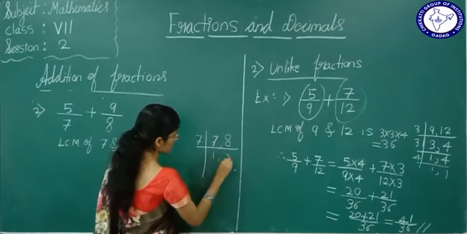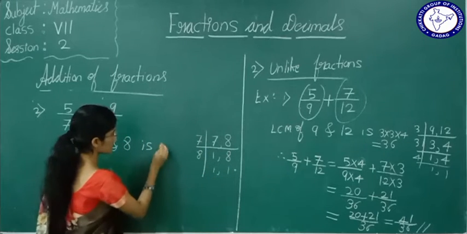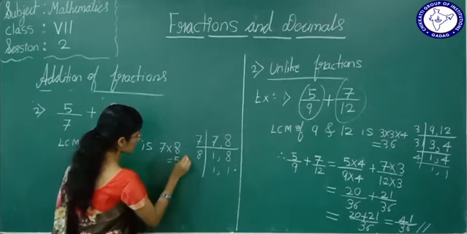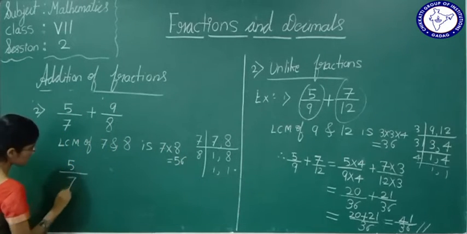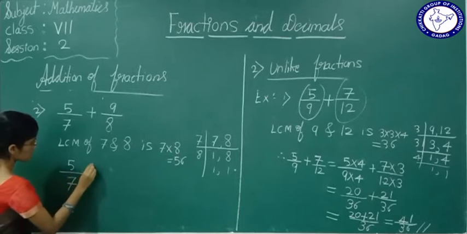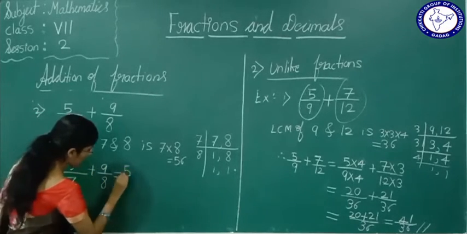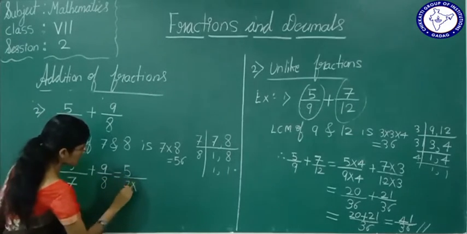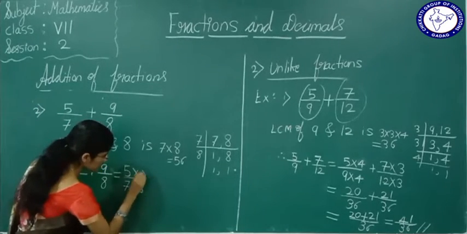7 ones are 7, and here 8 ones are 8. LCM is 7 8s are 56. Okay, now see, 5 by 7 plus 9 by 8 is equal to 5 by 7. 7 how much are 56? 7 8s are 56.